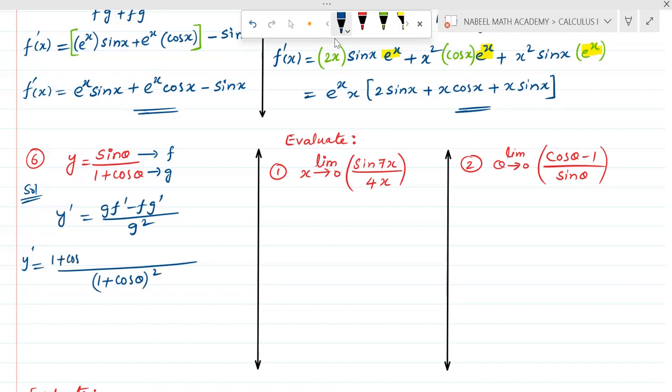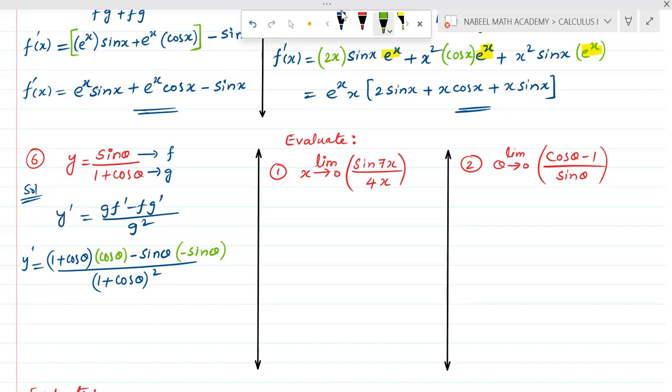And what is the derivative for f, which is cosine x, and then minus sine x will be fixed. What is the derivative for the denominator?